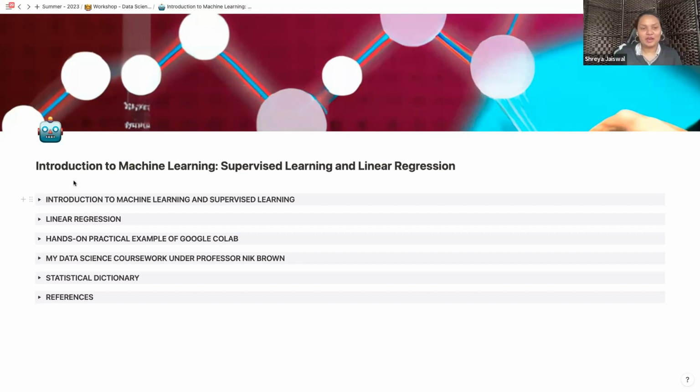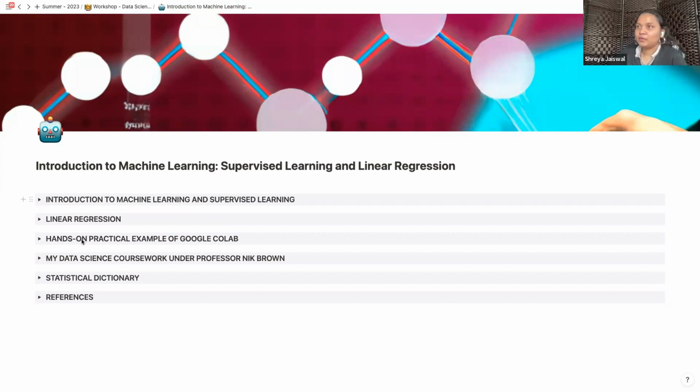At any point of time, if anyone has any questions, please do stop me and feel free to ask your questions. Just to start off, this is a brief overview of what I'll be going through today. We'll be starting with the introduction to machine learning and supervised learning, followed by linear regression.